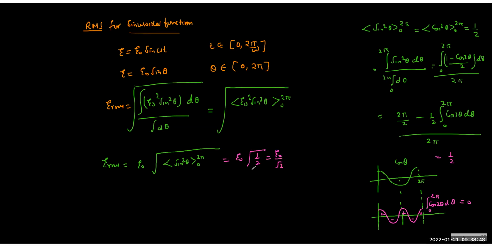So for a sinusoidal function, this is the answer: E naught by root 2. And 1 by root 2 is how much? 0.707 E naught. I think so. Just check. Let me check this.